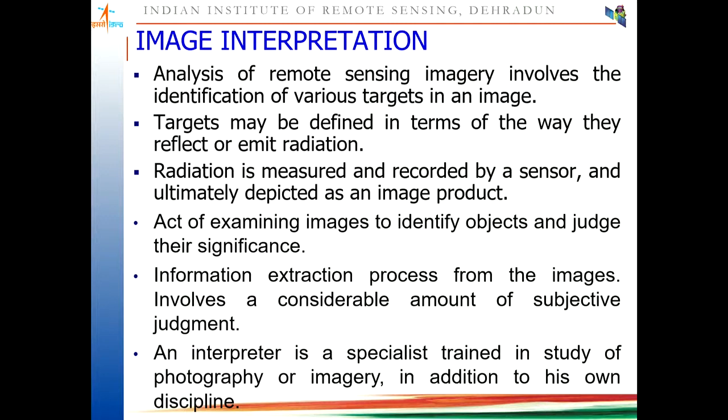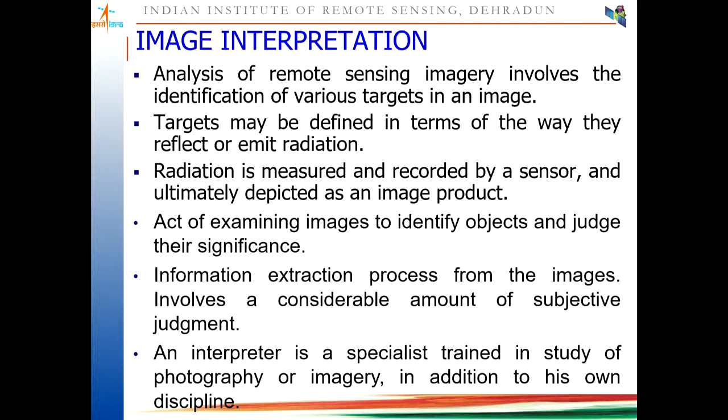If a target emits or reflects more radiation, how would it appear on the image? What kind of signal? It would give us more signal, or would it give us less signal on the image, and vice versa, right? So how would it appear on the image is what the user has to interpret. Radiation is measured and recorded by the sensor, and ultimately this is depicted as the image product.